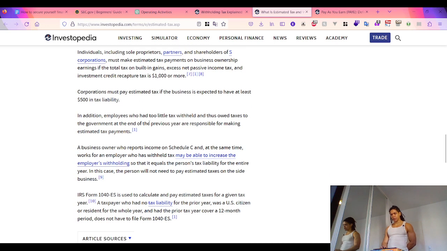In addition, employees who have too little tax withheld and thus owe tax to the government at the end of the previous year are responsible for making estimated tax payments.